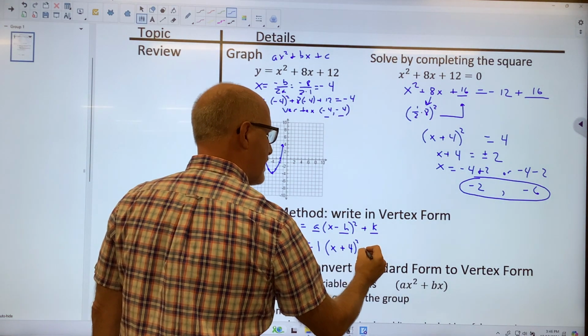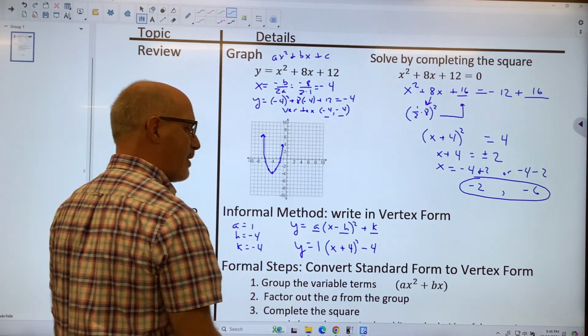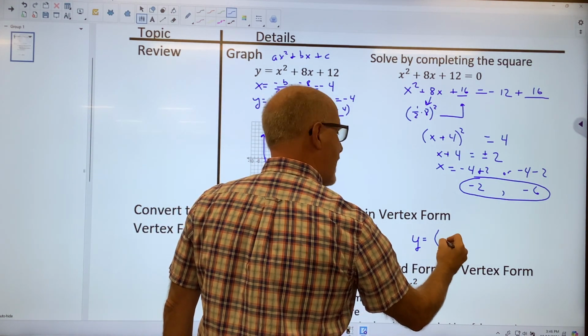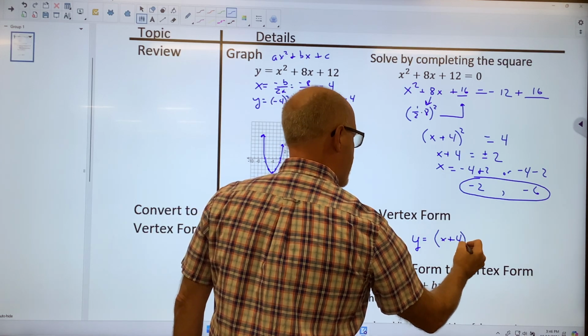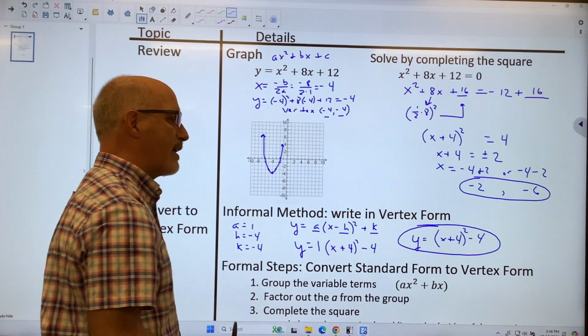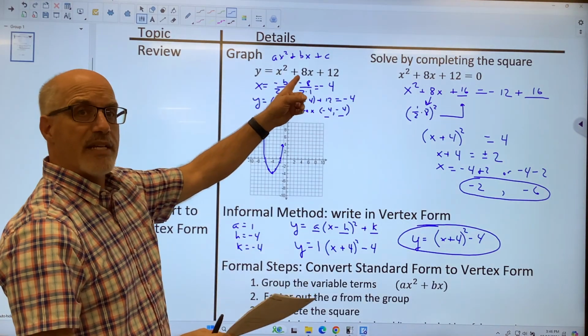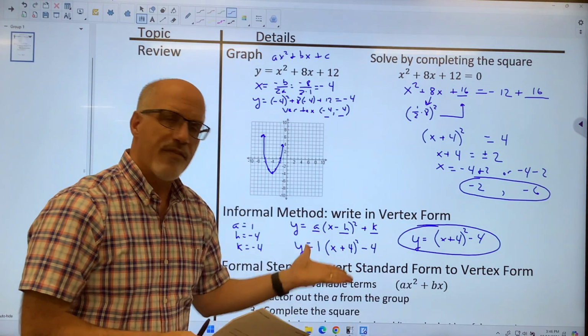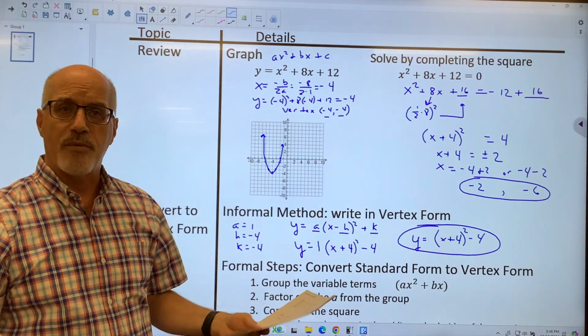And then minus 4 because it's plus k out there. And I'll just rewrite it without the 1: y equals x plus 4, the quantity squared, minus 4. So this is an informal way of getting the vertex form from the standard form. Find the vertex, use your a, put the values in, and you get your vertex form.